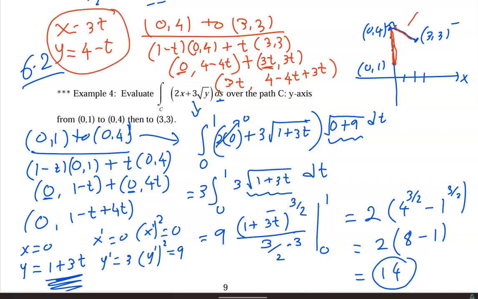That's your path. x is 3t, and then y is 4 minus t. And you can check that if I plug in 0 there. So remember that this path is 0 to 1. Now if I plug in this whole thing and do the answer, I think you should get the second part. The second part is going to be square root of 10. Okay, and that is my total answer.